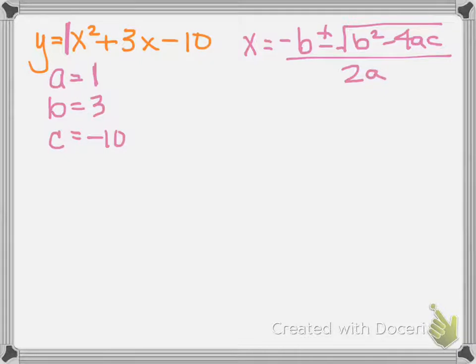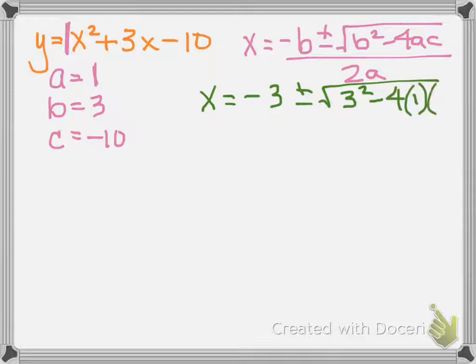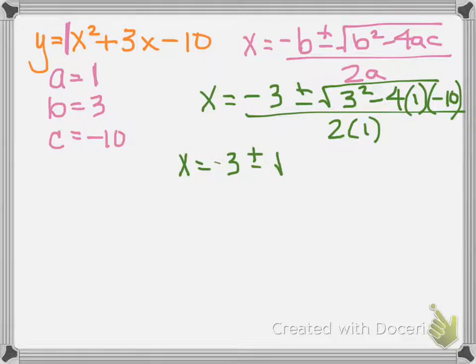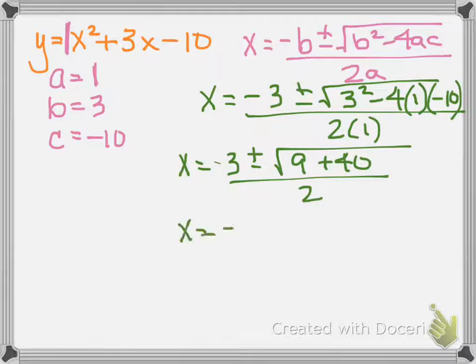Plugging in our numbers, we get x equals -3 plus or minus the square root of 3 squared minus 4 times 1 times -10, divided by 2 times 1. So x equals -3 plus or minus the square root of 9 plus 40, divided by 2. x equals -3 plus or minus the square root of 49, divided by 2.